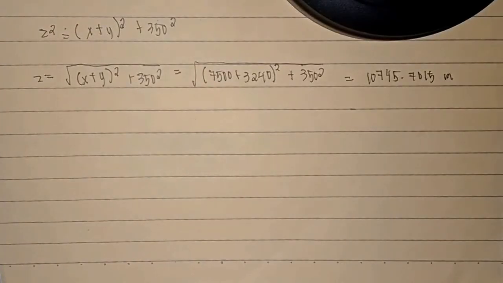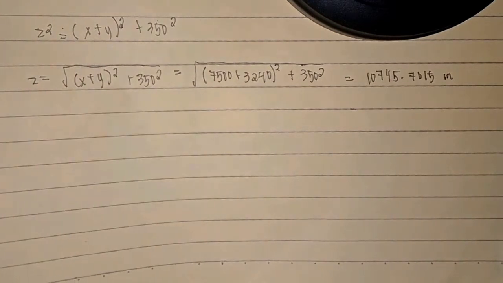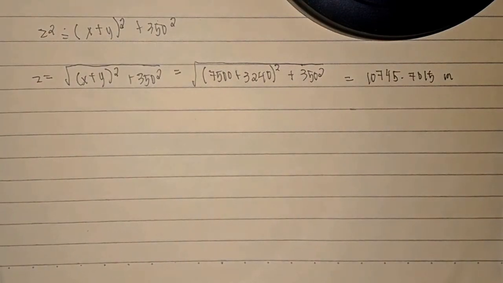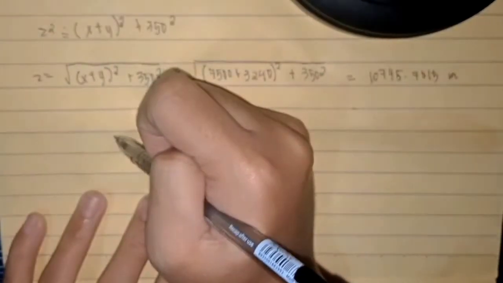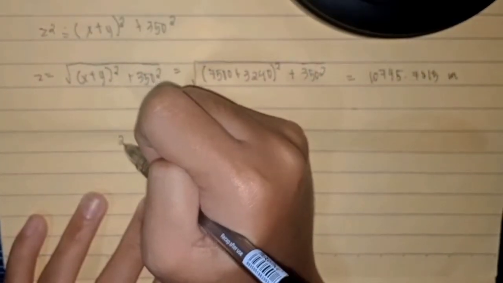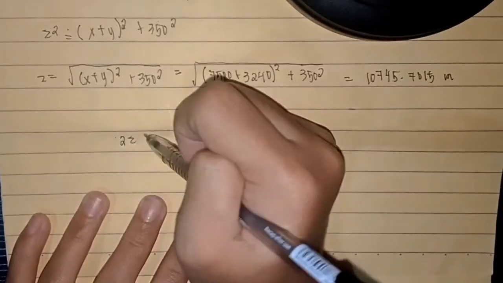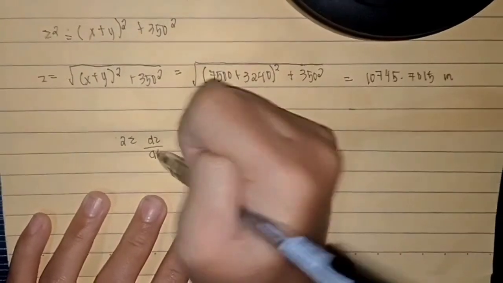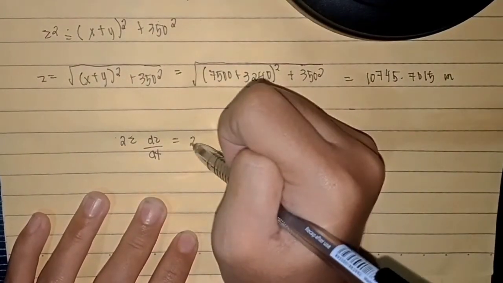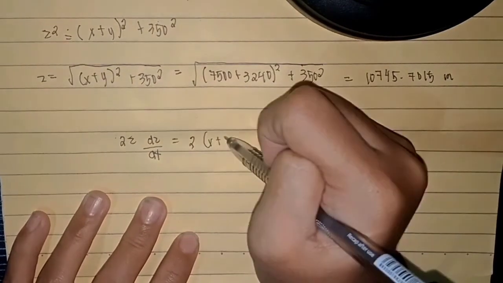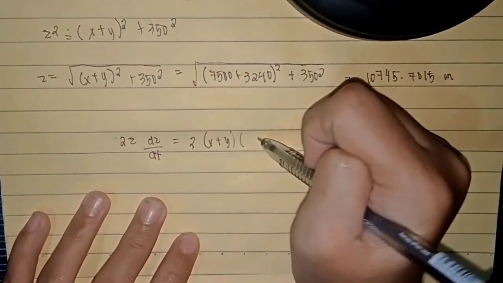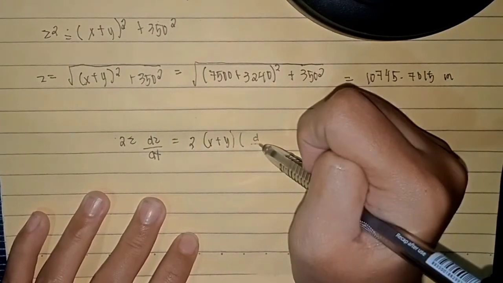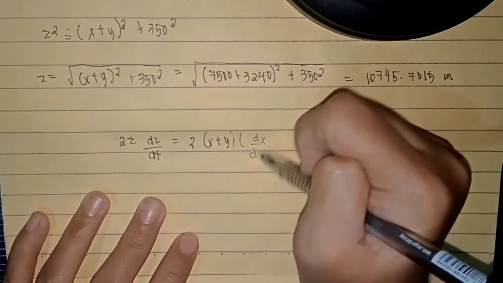To determine the rate at which the two riders are moving apart, all we need to do then is differentiate z squared and plug in all the quantities that we know to find the dz over dt. So, 2z dz over dt is equals to 2 multiplied by (x plus y) multiplied by (dx over dt plus dy over dt).